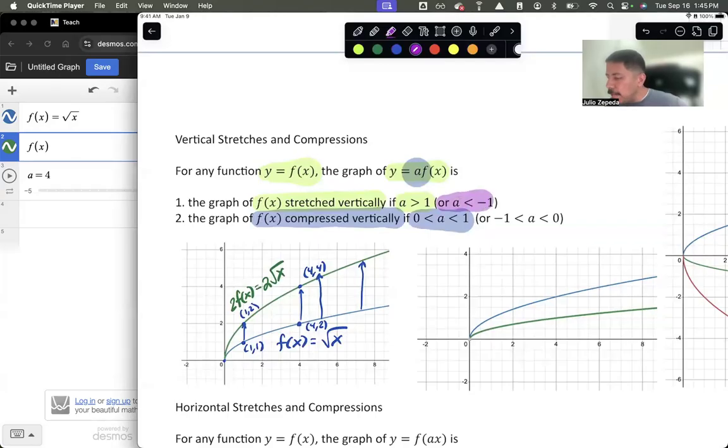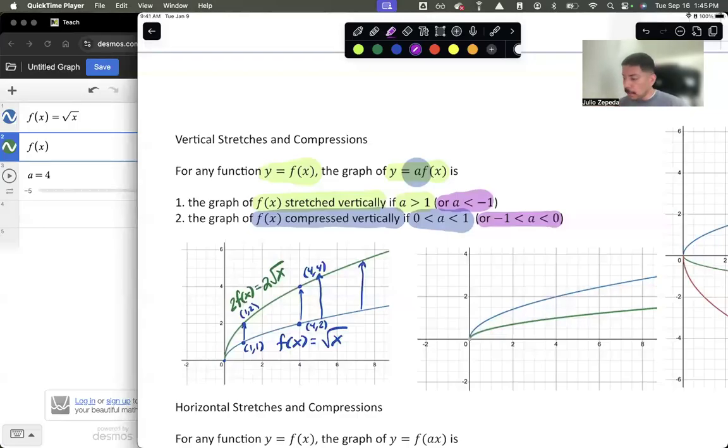We could also have, like, a -1/2 that will also reduce it or compress it vertically, but keep in mind that it's also going to reflect it about the x-axis. Okay, so these numbers, when I say between 0 and 1, that's going to compress it, but we could also have the negative of those numbers. It's also going to compress and reflect.